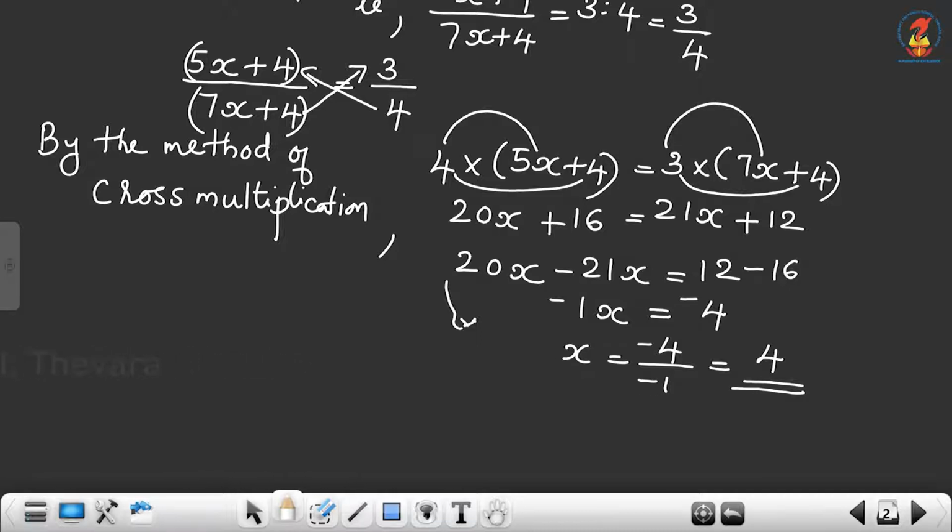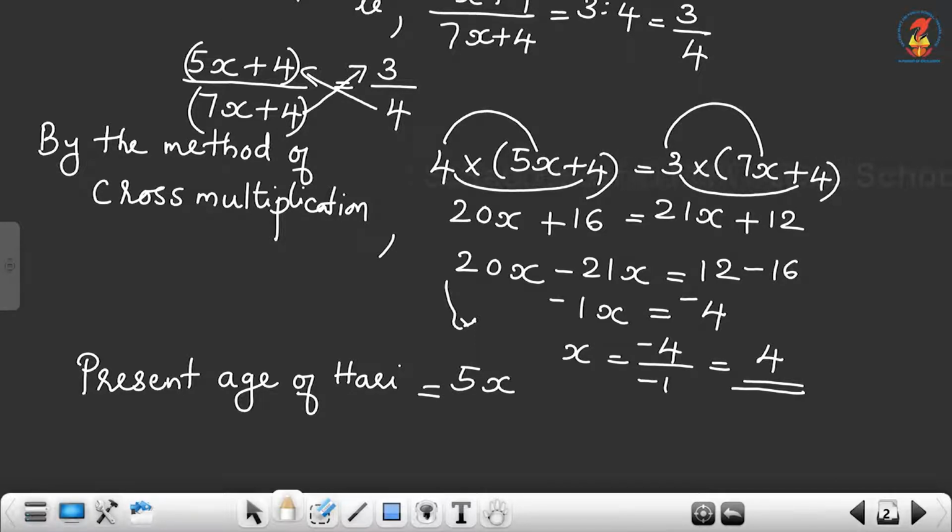Now we have to find the present age of Hari. The present age of Hari we assumed as 5x. Therefore, 5 into 4 equal to 20. So Hari is 20 years old.